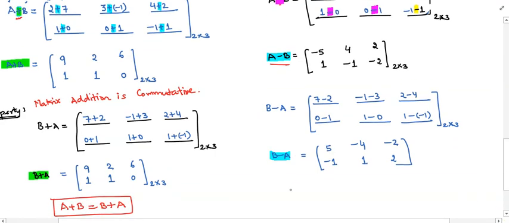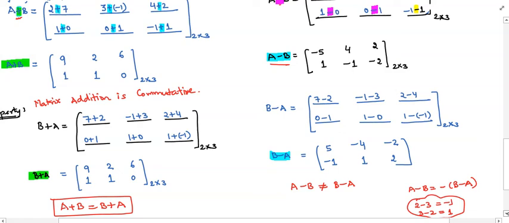So in this case, A minus B is not equal to B minus A. Instead, we have A minus B is equal to negative of B minus A, which is true even for two real numbers. If you have 2 minus 3, this gives you minus 1. On the other hand, if you do 3 minus 2, you will get 1. So the same property holds for this.